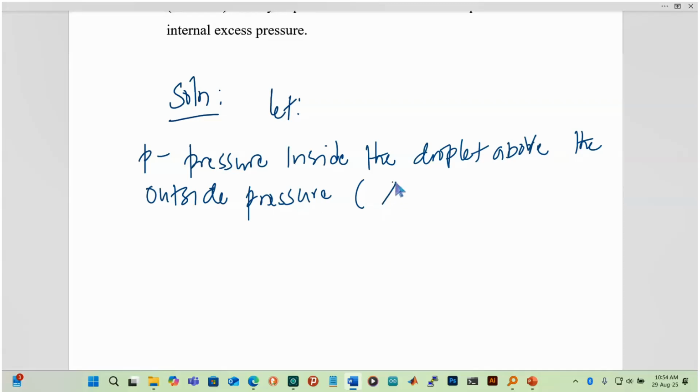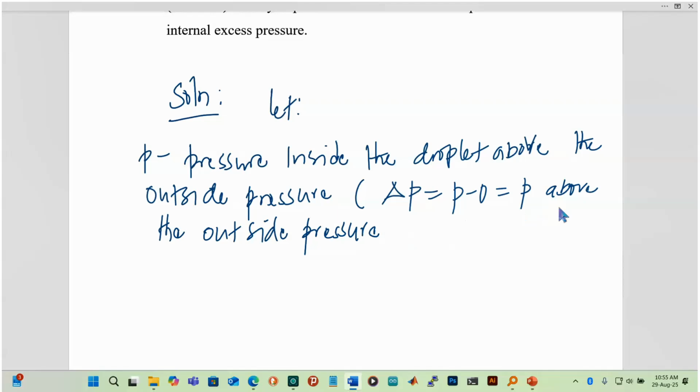So a change in pressure should equal P minus 0. Here this is going to be P above the outside pressure.